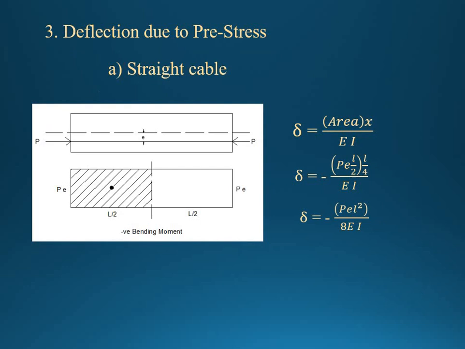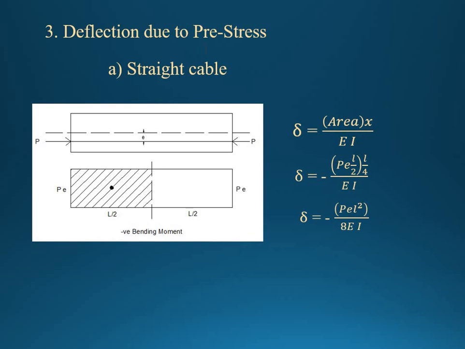And the third case is deflection due to pre-stress. Deflection due to dead load is over, deflection due to live load is over, and now we are dealing with deflection due to pre-stress.